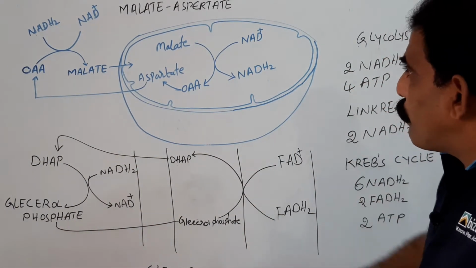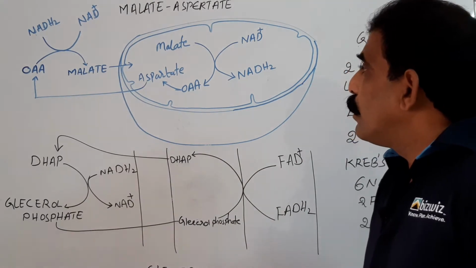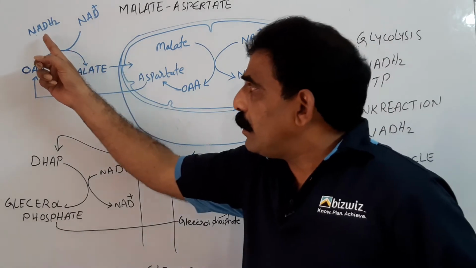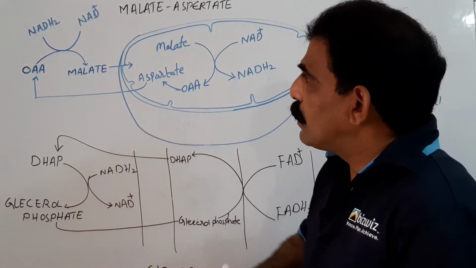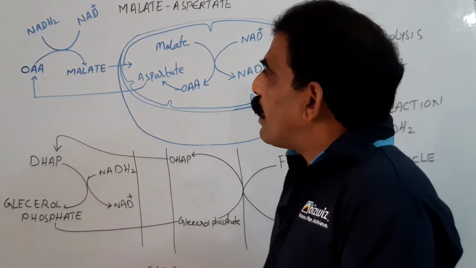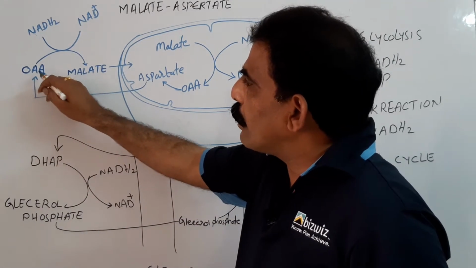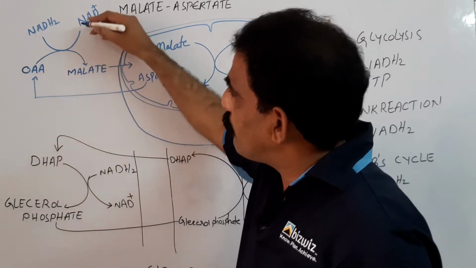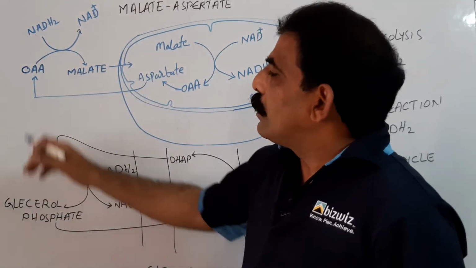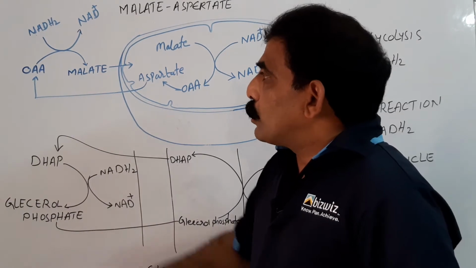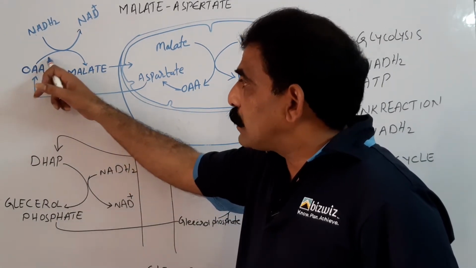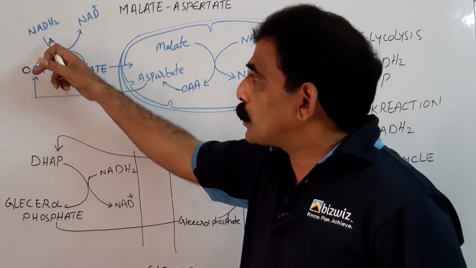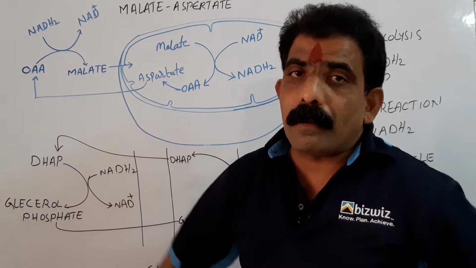And coming to the malate aspartate shuttle, here NADH2 transfers its reducing equivalents to oxaloacetic acid, so that oxaloacetic acid is reduced to malate, while the NADH2 is oxidized to NAD+.